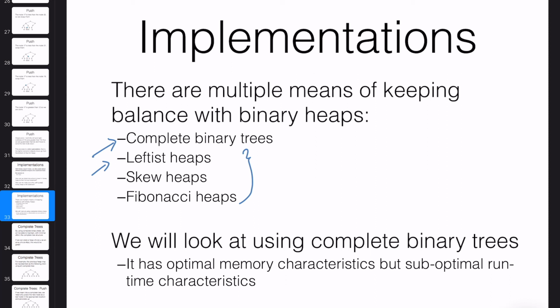They have very interesting properties, but they are beyond the scope of this course, and I'm not going to discuss them here. Just know that it is possible to implement priority queue binary heap in many different ways. We are going to cover the first one, how to implement a binary heap to make sure that it is always like a complete binary tree.